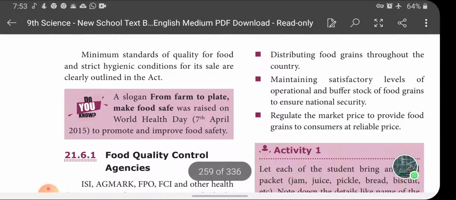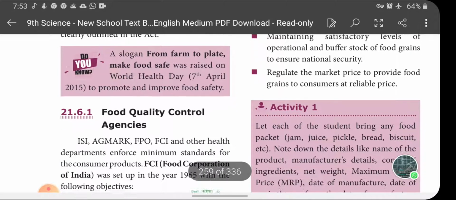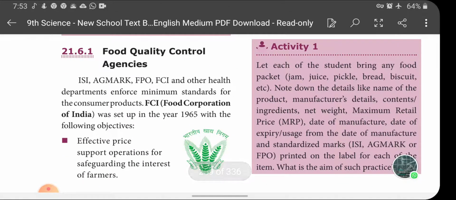Minimum standards of quality for food and strict hygienic conditions for its sales are clearly outlined in the Act. Food quality control agencies, ISI, AGMARK, FPO, FCI, and other health departments enforce minimum standards for the consumer's product.